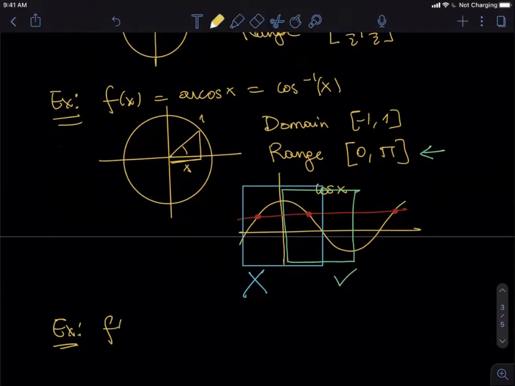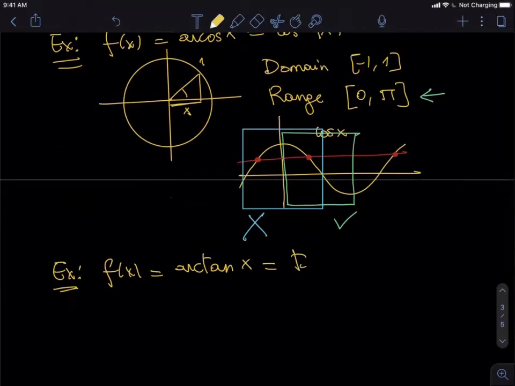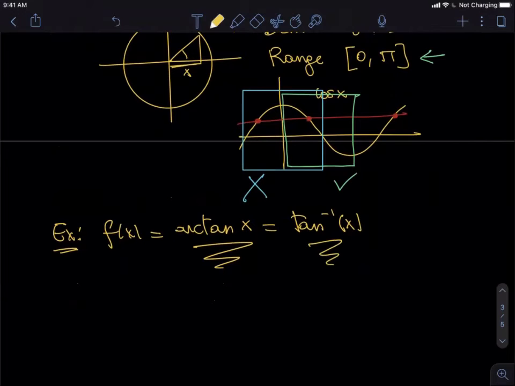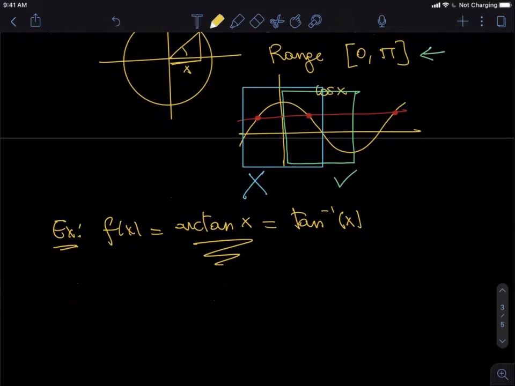And then when I look at the arctangent, which sometimes we write tangent to the -1 of x. I prefer the arctangent notation, but you see tangent to the -1 in some books. So I want you to be used to both of them.